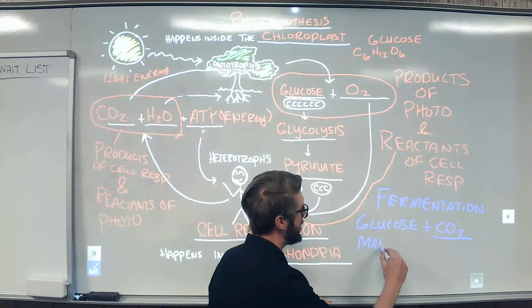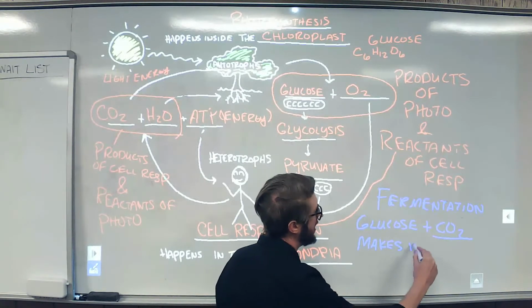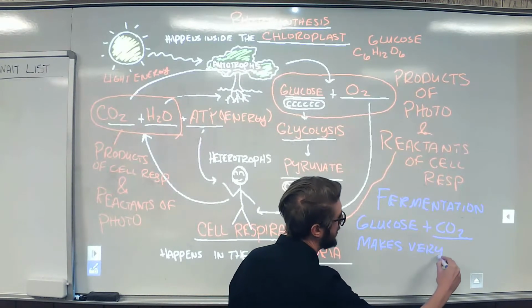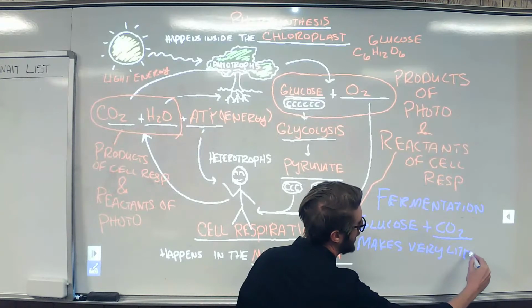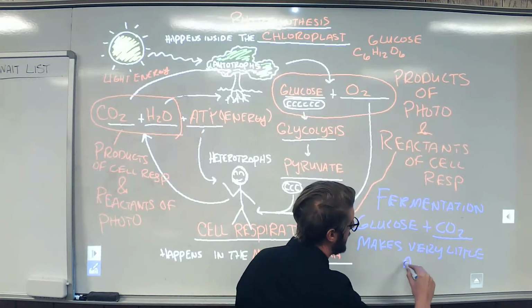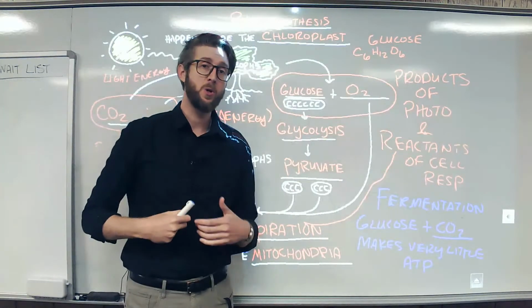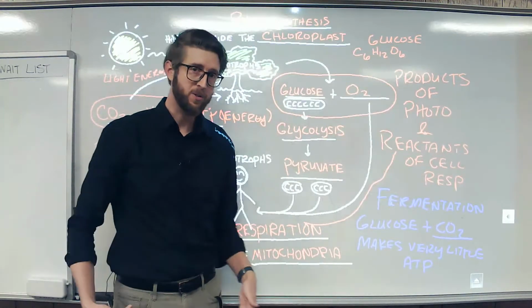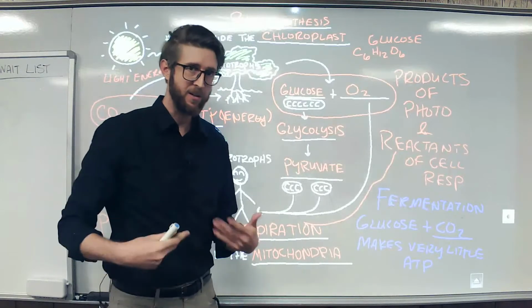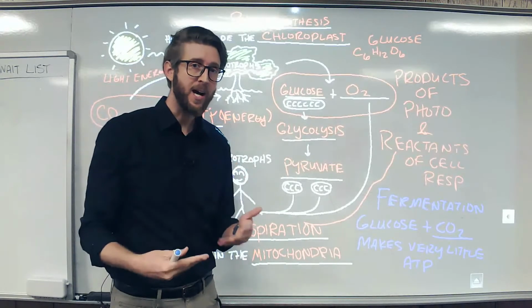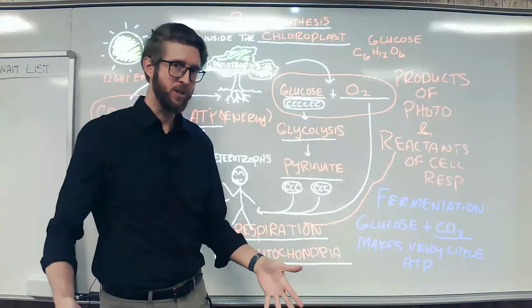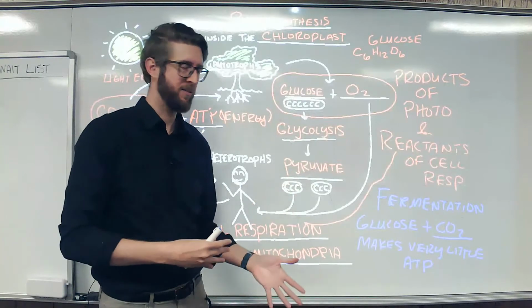So fermentation makes very little ATP. Okay? So that's why whenever you are working out or you're running and your muscles start to cramp and feel like they're on fire and they get sore, you eventually have to stop because you're literally out of energy. Your body can't make it fast enough.